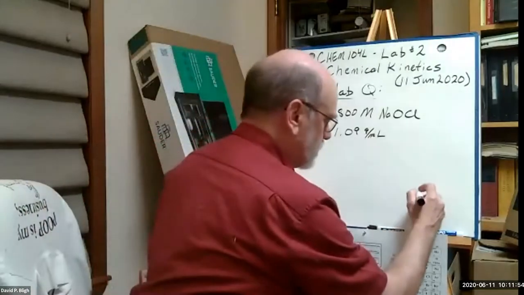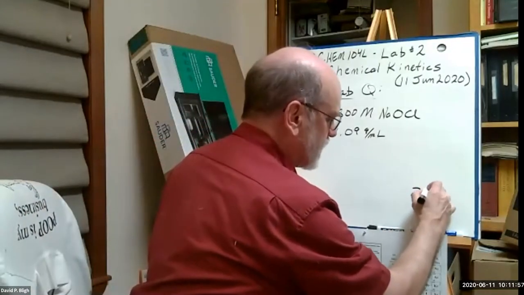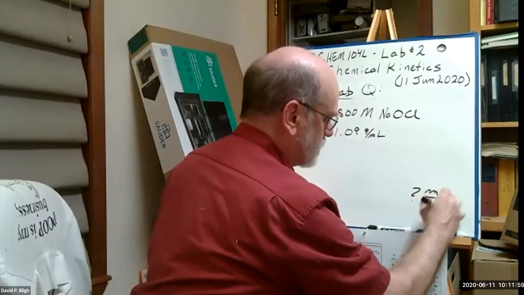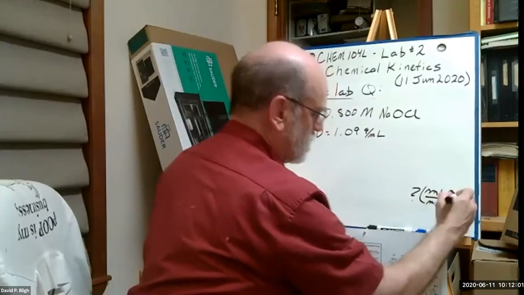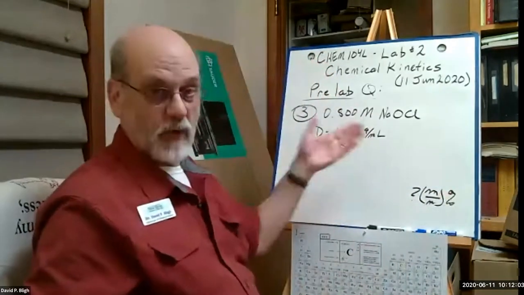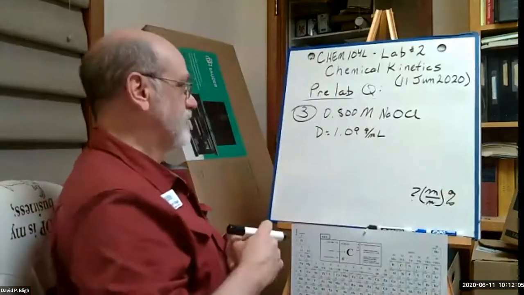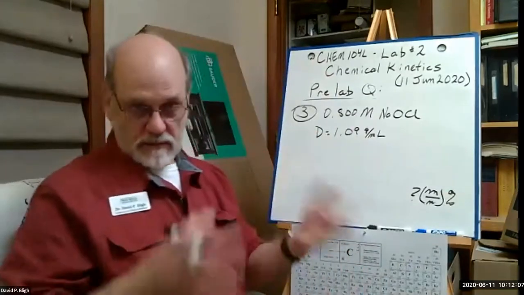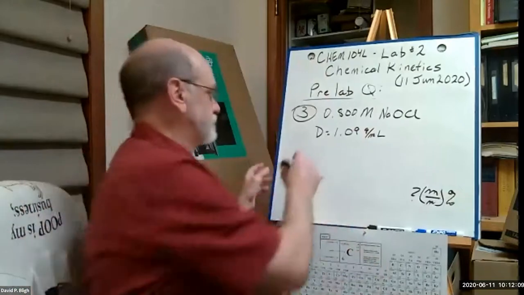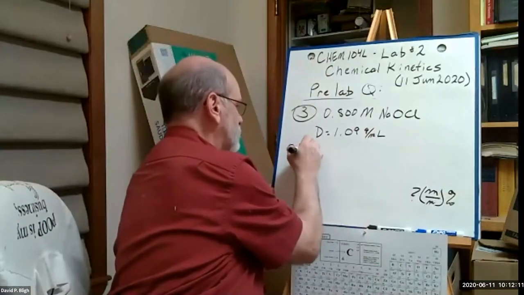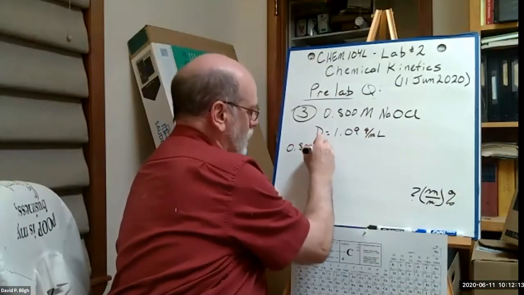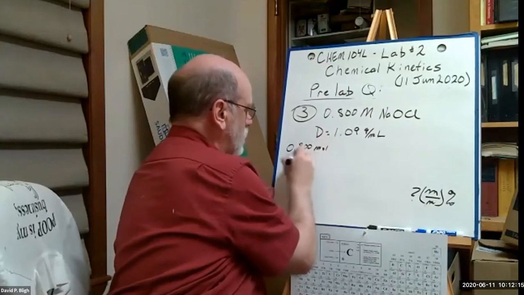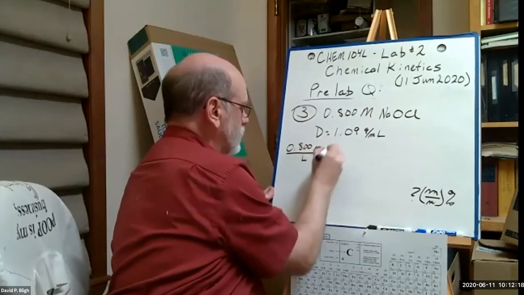So we want whatever the percent is, mass of sodium hypochlorite. Okay, so this is another dimensional analysis. 0.8 moles per liter.